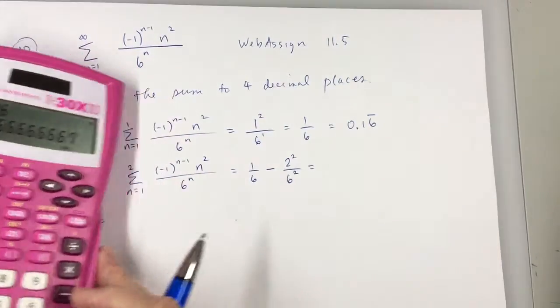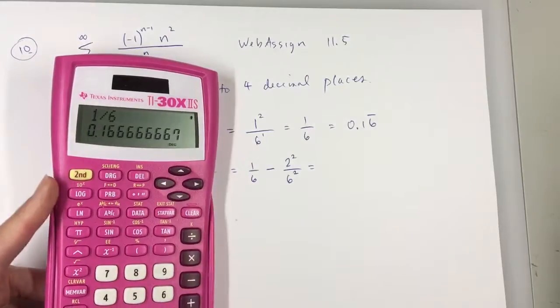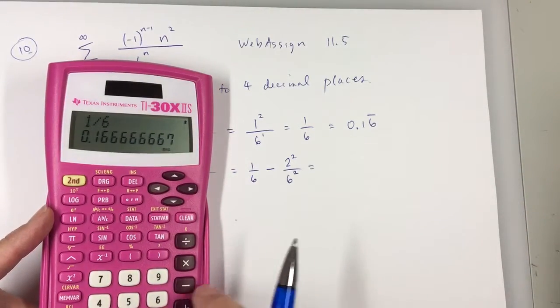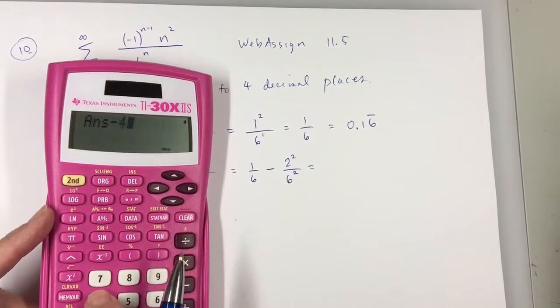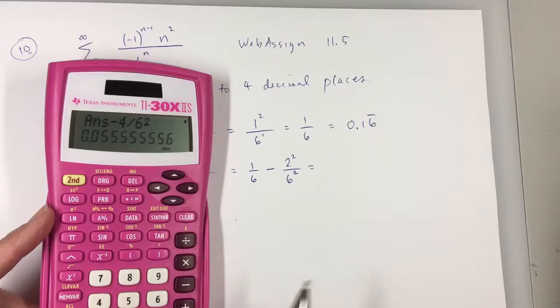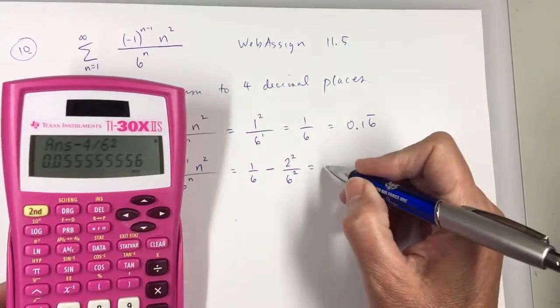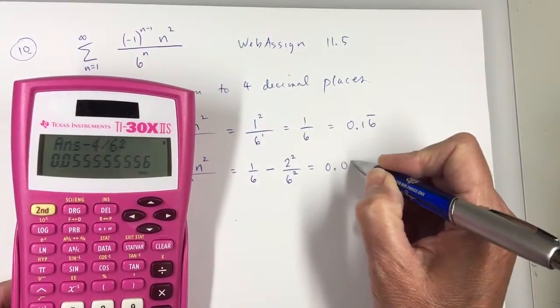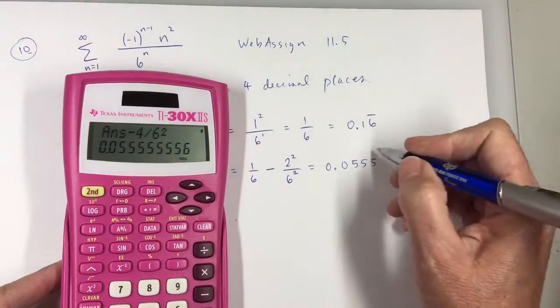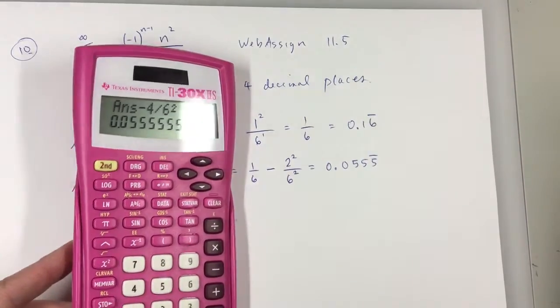So I have S sub 1 in the calculator, so I can just type in minus 4 divided by 6 squared. So I have 0.0, looks like a repeating 5. There's a 6 at the end, but the calculator has rounded up.